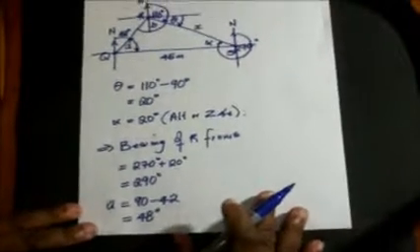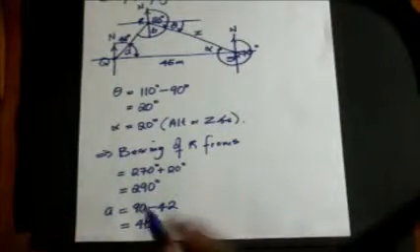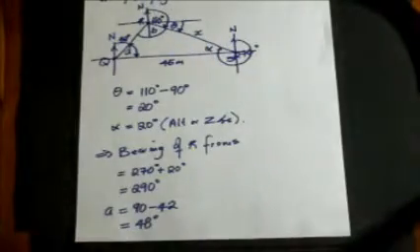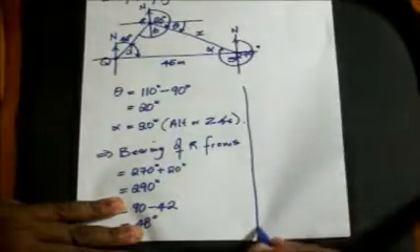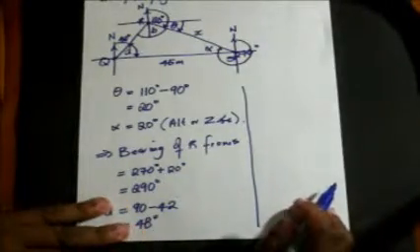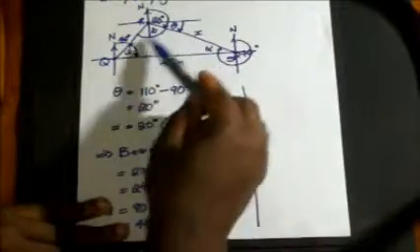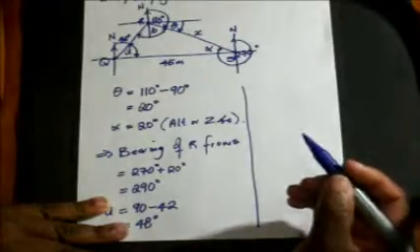Alright, and lastly, ladies and gentlemen, we need to find the value of angle B. Let's just draw a little line here so we don't confuse ourselves. If we look carefully, we can see that A, B and alpha are three angles of a triangle. And we know that the three angles of a triangle add up to 180 degrees.